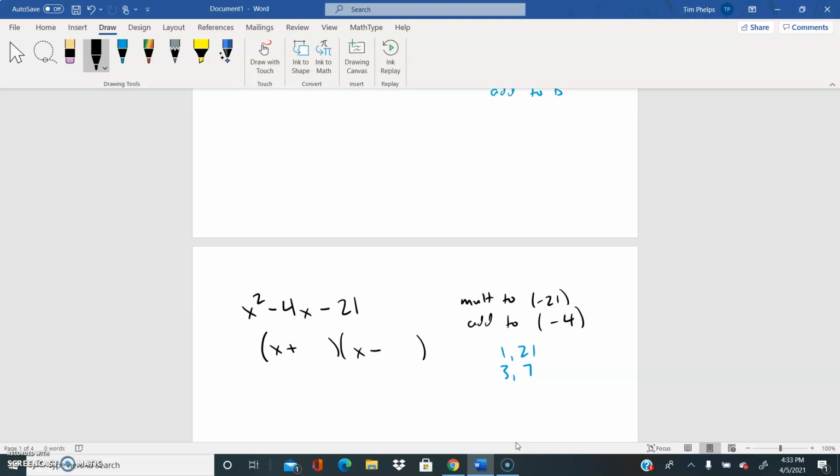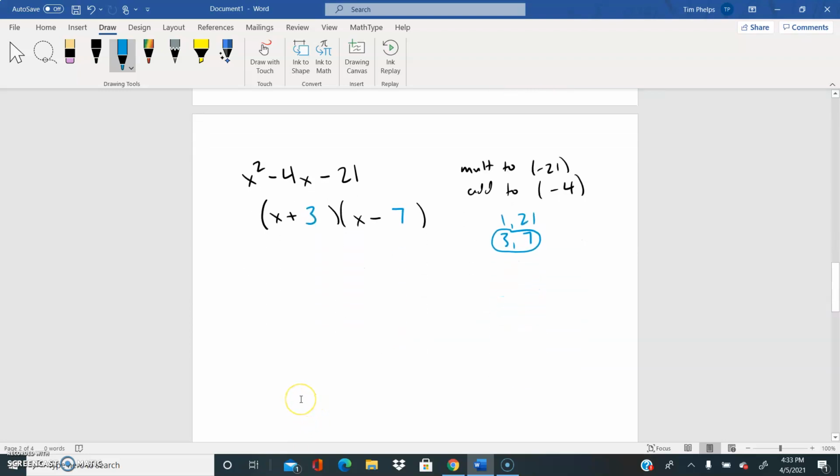Either one could be positive versus negative. So in this case, I'm going to go with the 3 and the 7, basically because they multiply to 21, and they subtract to 4. So if I put the negative 7 there and the 3 there, x plus 3 times x minus 7 gives me back x squared minus 4x minus 21.